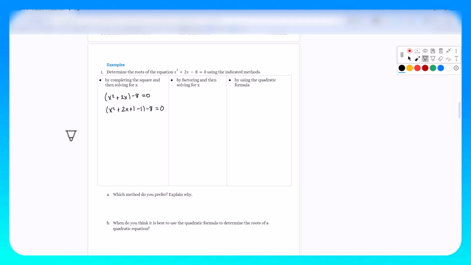Because we didn't have an a other than 1, I can rewrite this with no brackets and have x plus 1. This part here represents the perfect square trinomial.